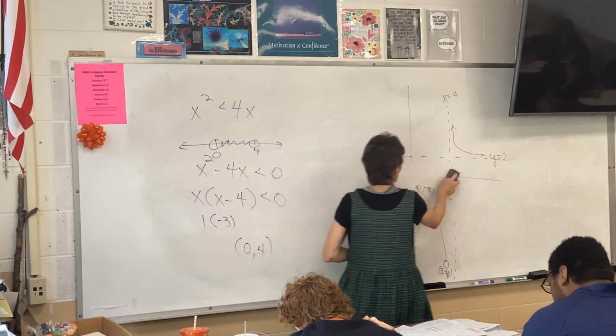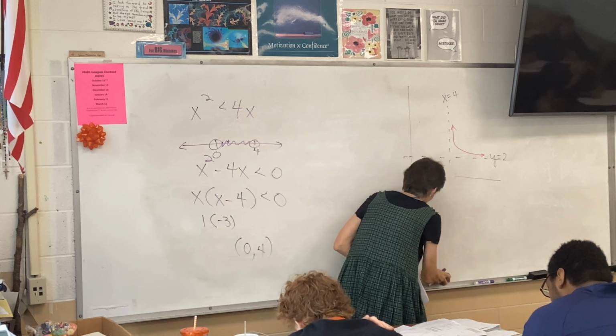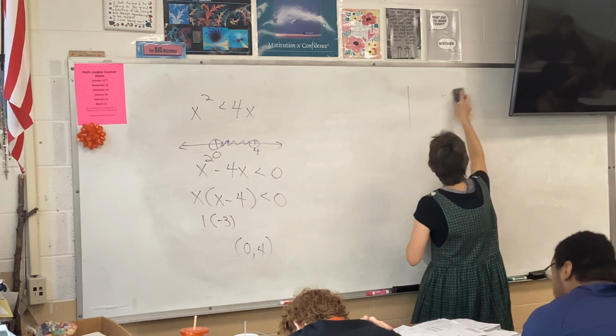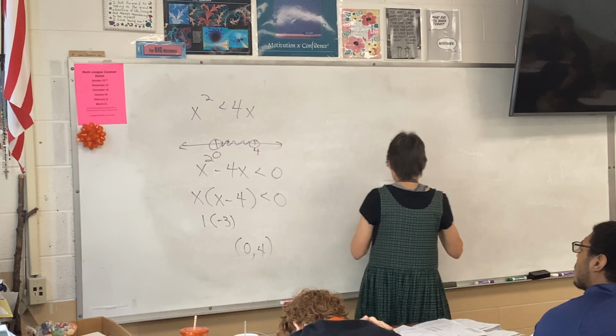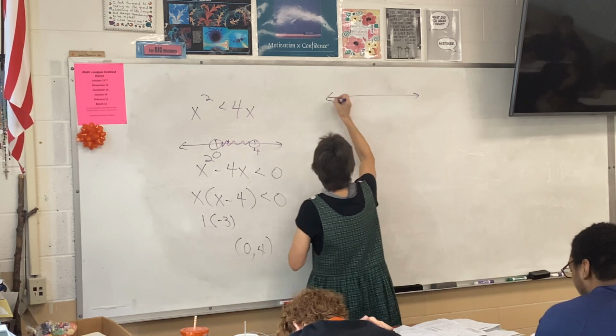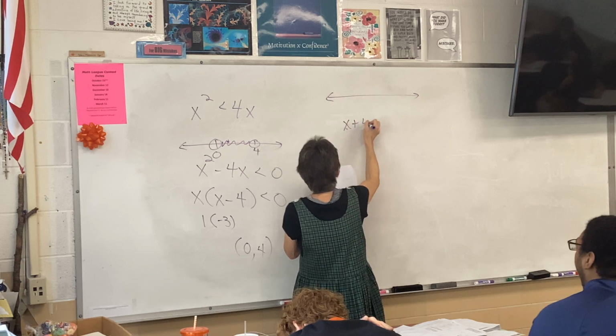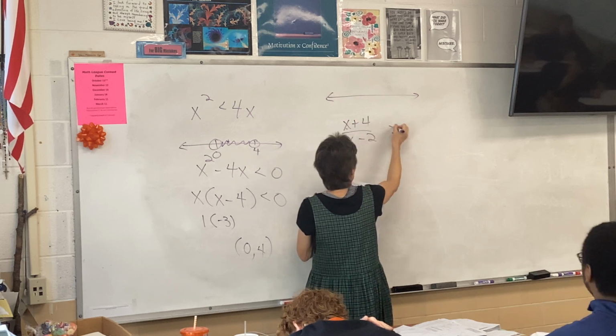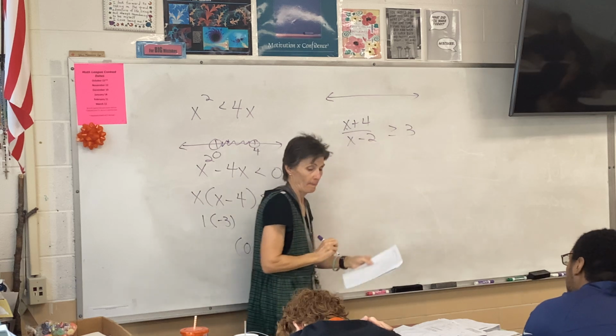B is a little bit more involved than that, but the rules are the same. I gotta have a 0, and I'm gonna use a number line. So here's my number line. And how am I going to get a 0? Minus the 3.